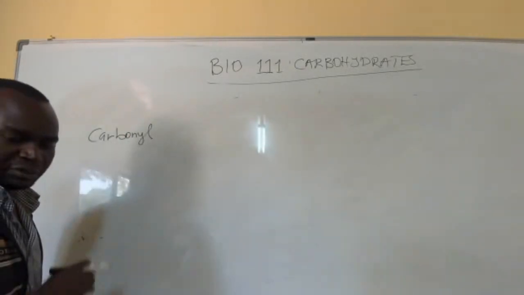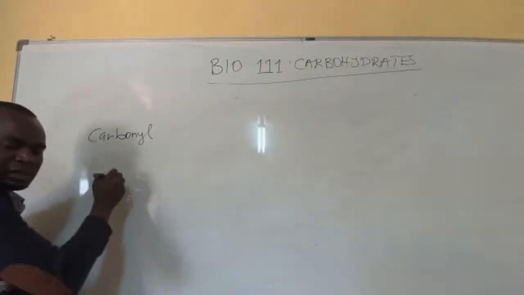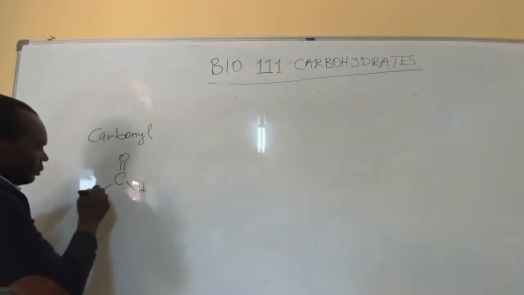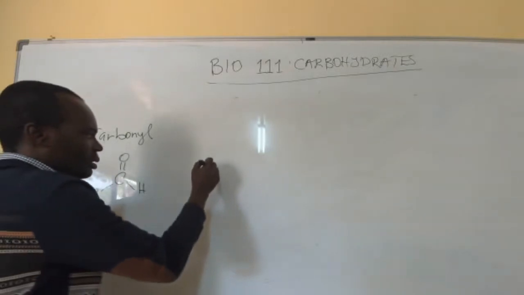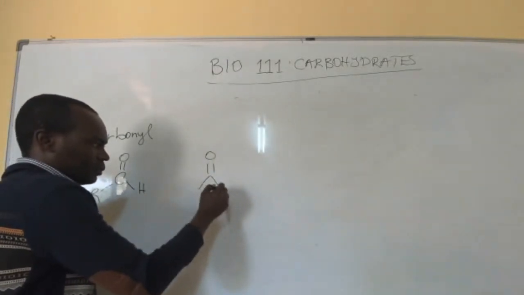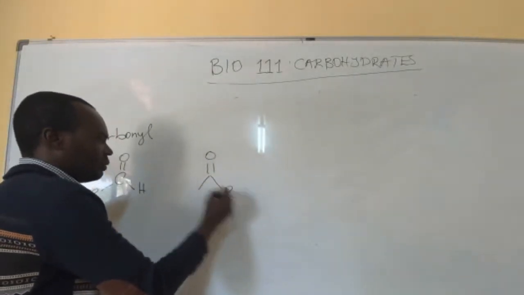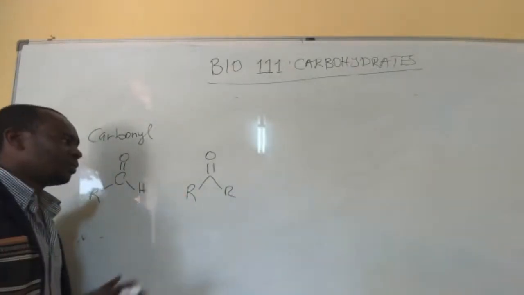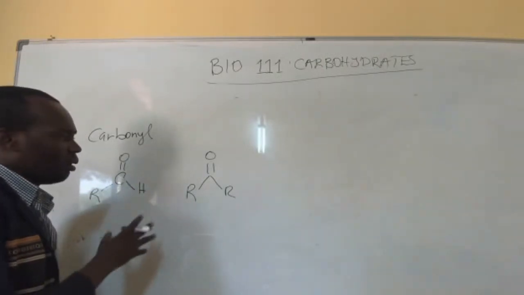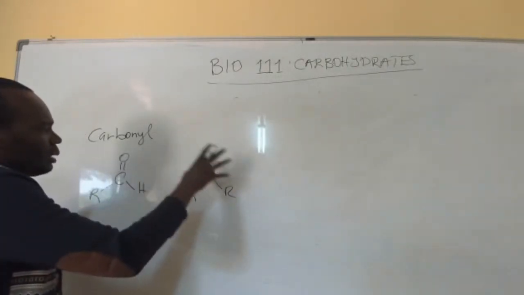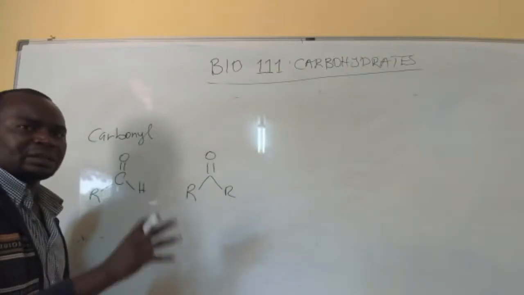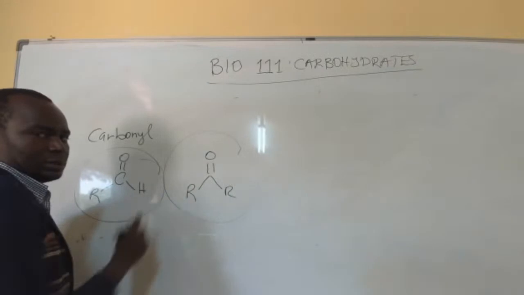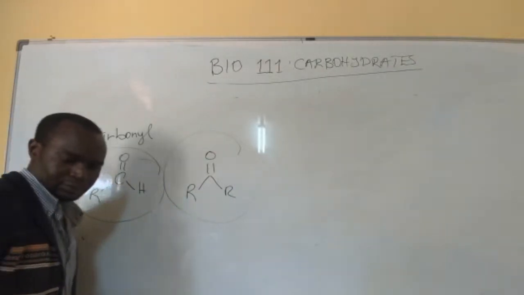Now, these carbonyl groups are just made up of your aldehyde and your ketone. Okay? I'm sure you covered ketoses and aldoses. So these are the functional groups, meaning the majority of the chemical reactions that all carbohydrates undergo are all hinged on these groups. Okay?